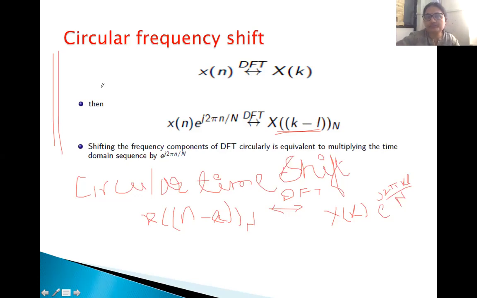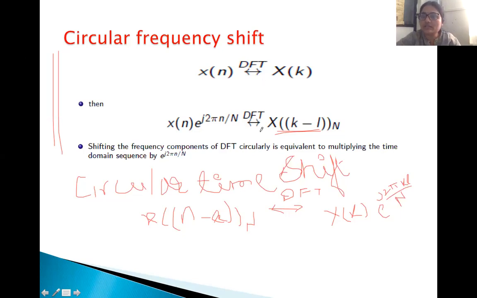Are you getting this? This is the next property, called the circular frequency shift property and circular time shift property. What is being explained in this property?